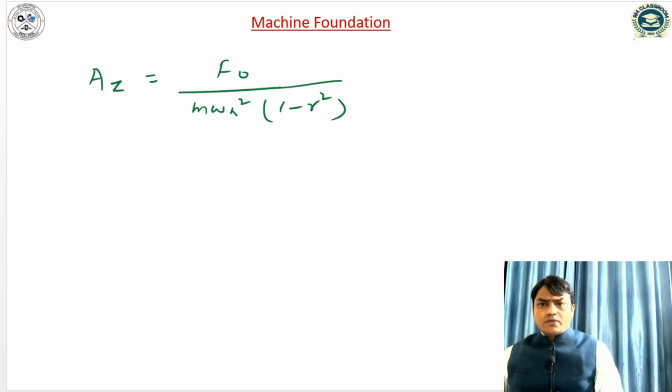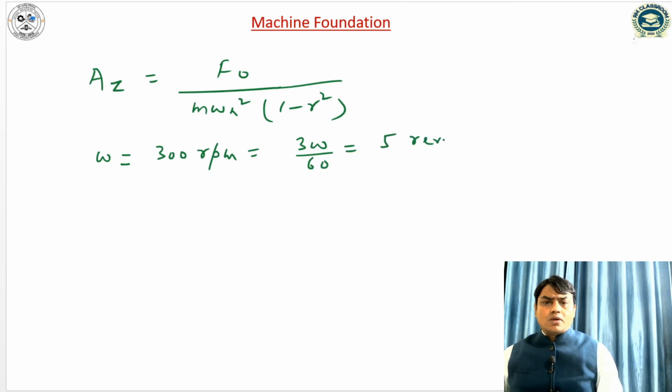So omega is 300 divided by 60, which is 5 revolution per second.